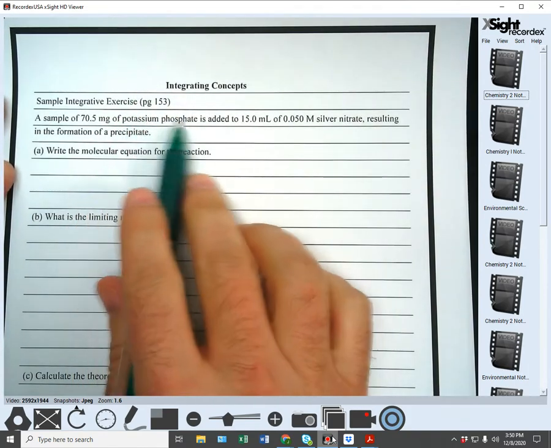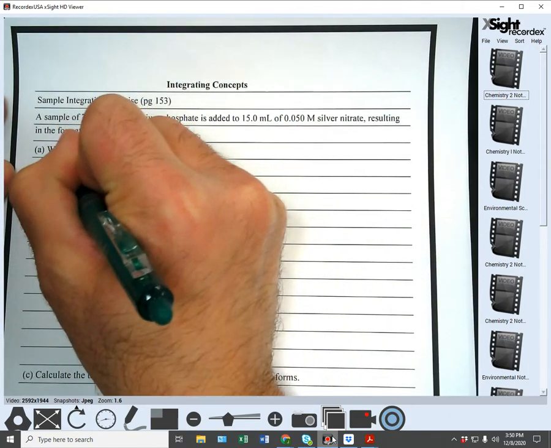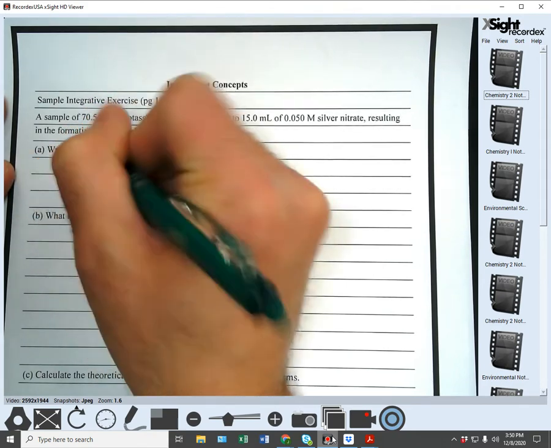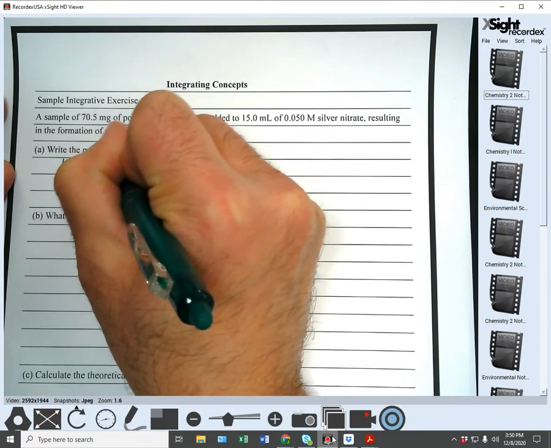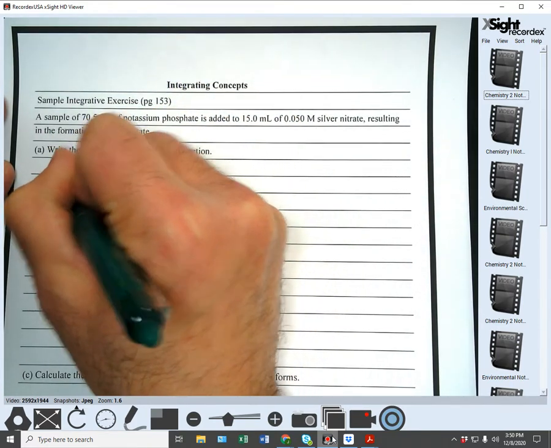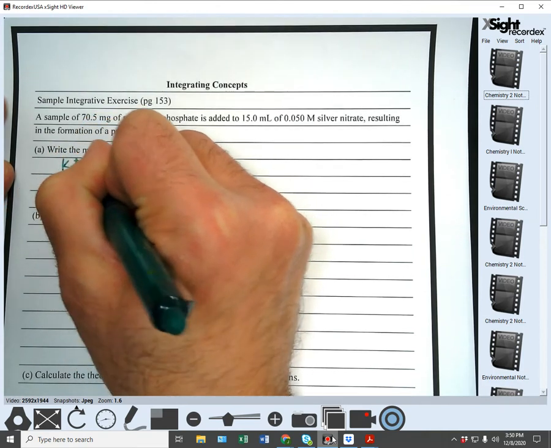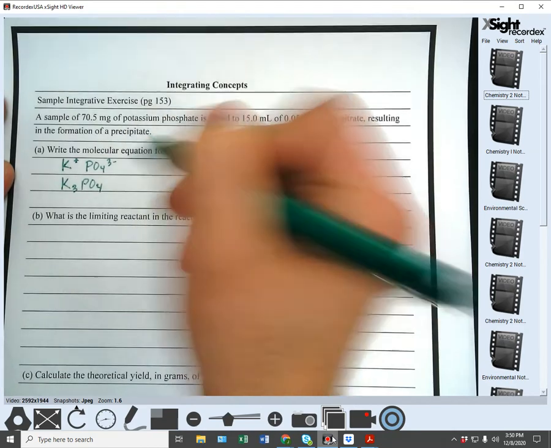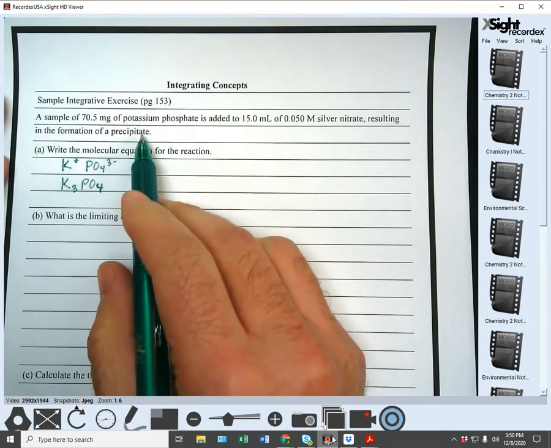We've got some information. We've got potassium phosphate. So potassium, K, is a +1. Phosphate, PO4, 3 negative. Cross down, we end up with K3PO4, right?